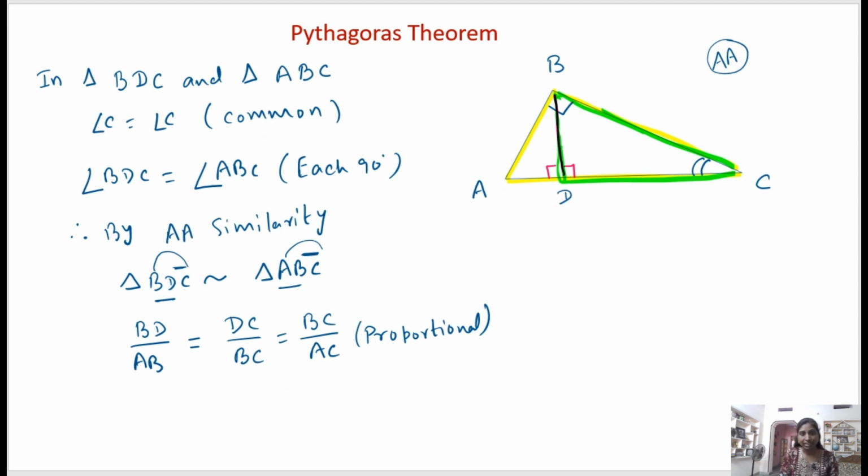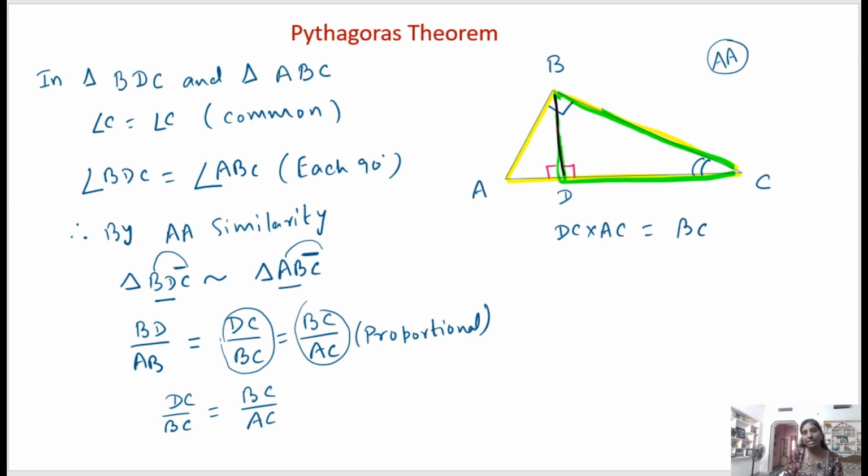See here, this one and this one. Okay, if we cross multiply we can get BC square. So write these two only. Therefore DC by BC is equal to BC by AC. Now cross multiply, you will get DC into AC is equal to BC square. Now this is equation number 2.